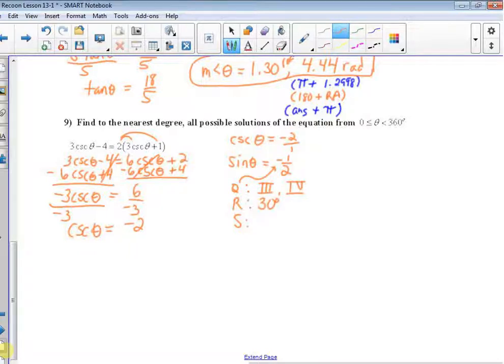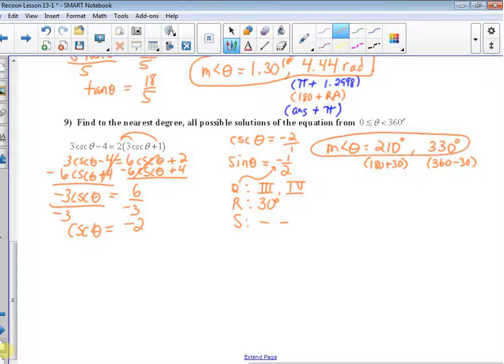I don't need my calculator, and those are both negative. So I'm looking for the measure of angle theta in quadrant 3. That is 180 plus 30, which is 210. And in quadrant 4, 360 minus 30, which is 330. So those are my 2 answers to the nearest degree.